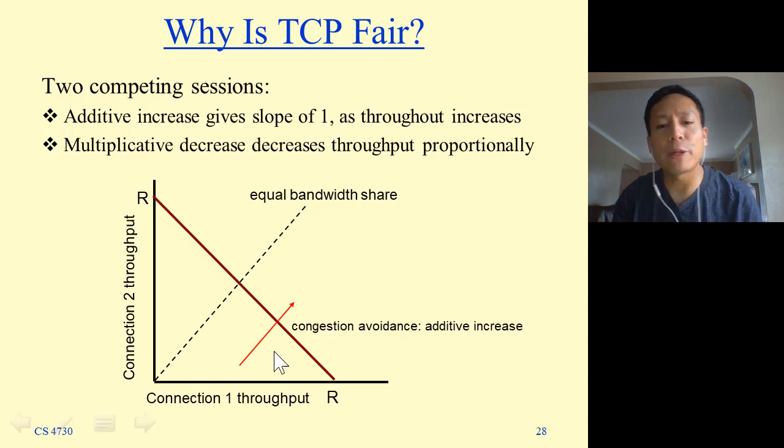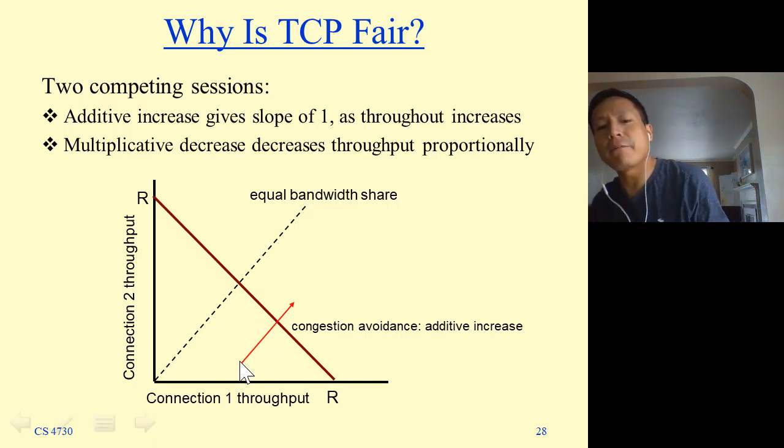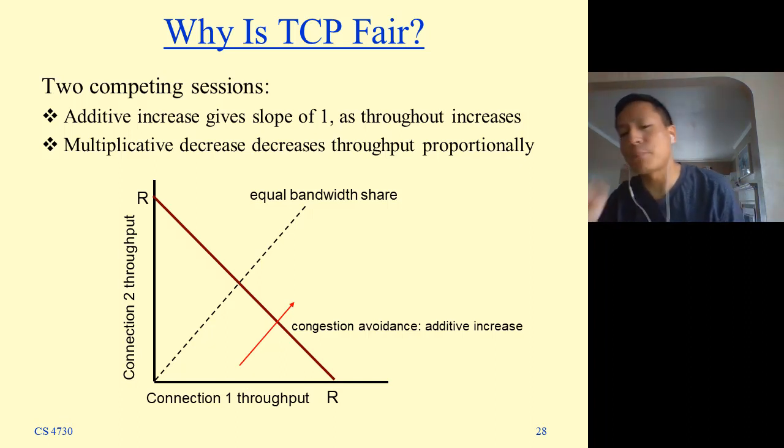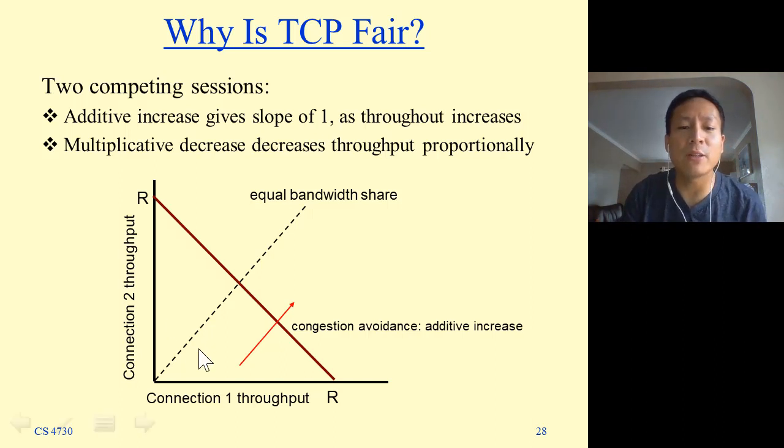Because it is within this limit R, the network has enough bandwidth, which means no congestion will happen at this point, right? Since you have enough space and bandwidth, what will we do? We will do additive increase, which means that both connection 1 and connection 2 will increase linearly at the same speed.